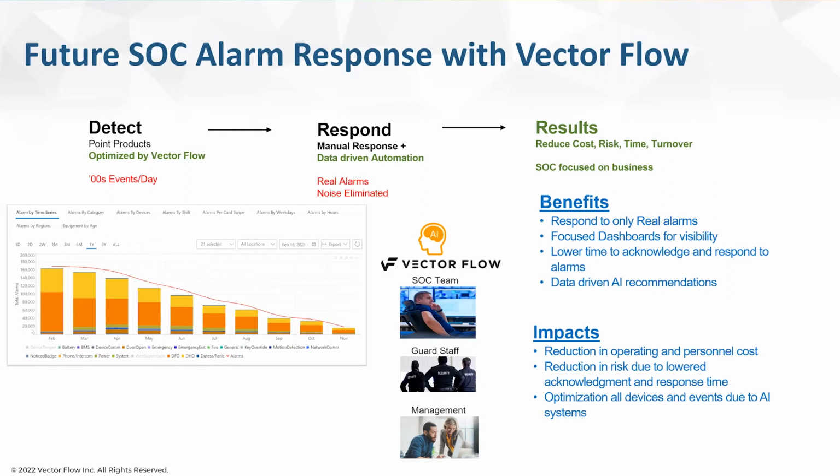Vector Flow will make a recommendation to security to optimize that particular door shut time, say from half a second to a second, which will dramatically reduce the number of alarms. And that optimization will happen for that particular day and period of time that's recommended, and then it will default back to the regular setting.